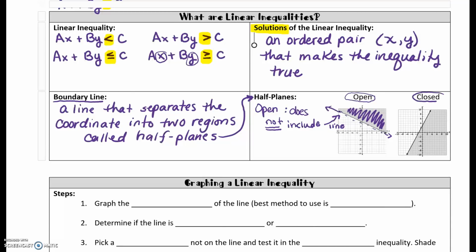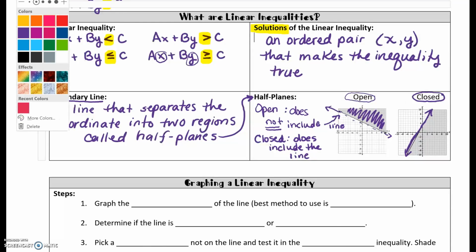Over here it says closed, and you can see that the closed line is completely solid, and that's going to be considered a closed half plane. This does include the line. Now, what makes open and closed?